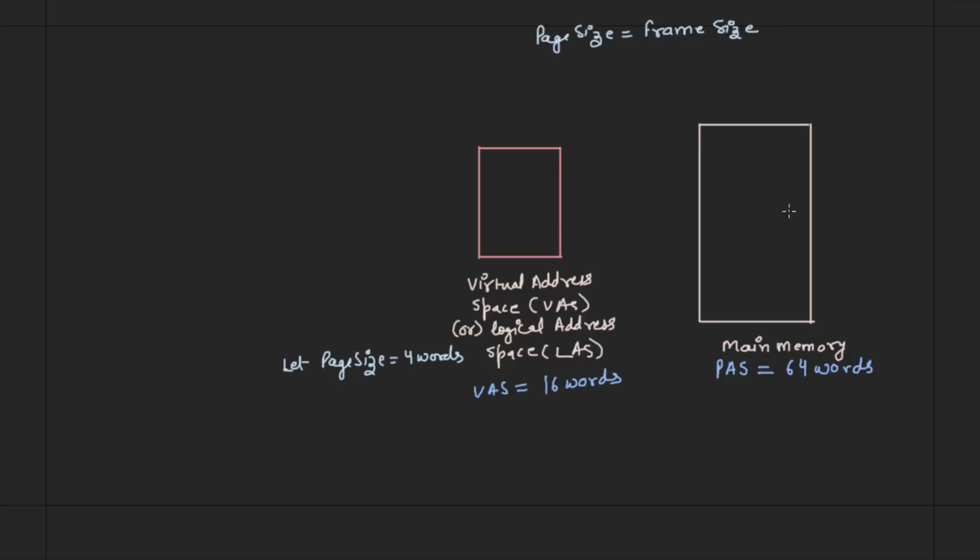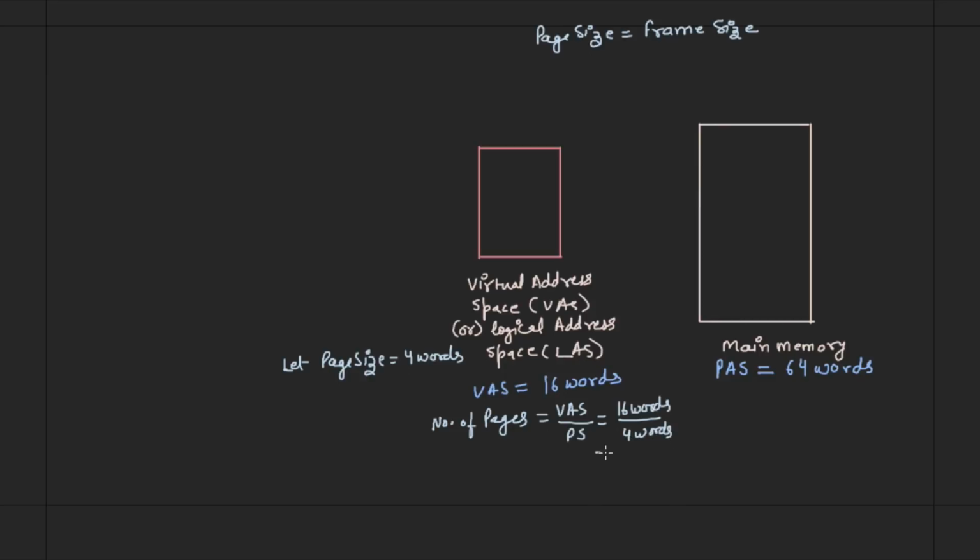That means how many pages can be present in this virtual address space? So the number of pages can be found out as virtual address space upon the page size, which is equal to 16 words divided by 4 words.